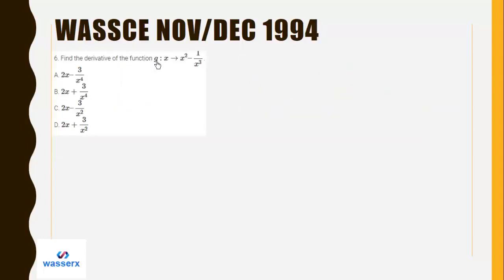Find the derivative of the function g of x maps onto x squared minus 1 over x cubed. Now we know that you can rewrite this as g of x is equal to x squared minus 1 over x cubed.